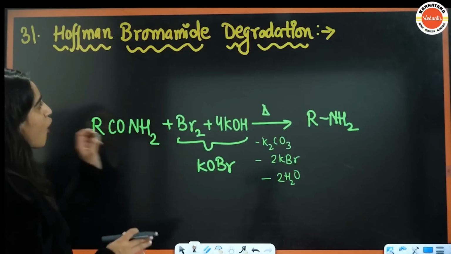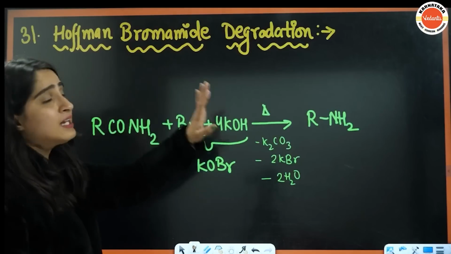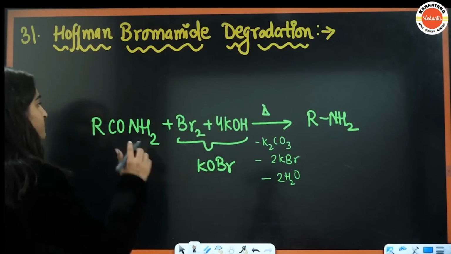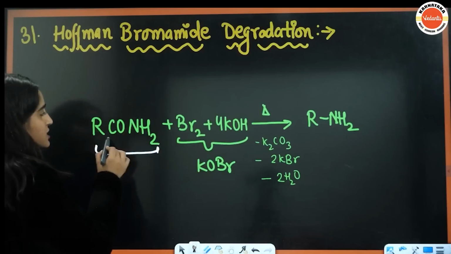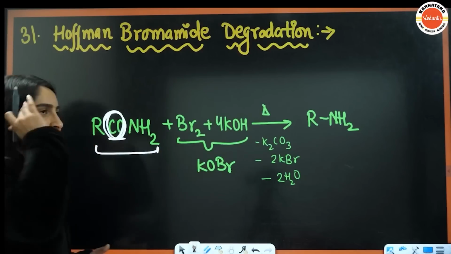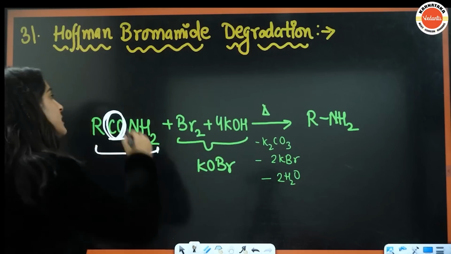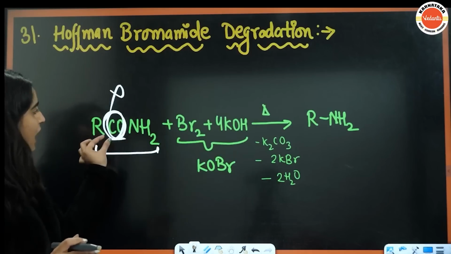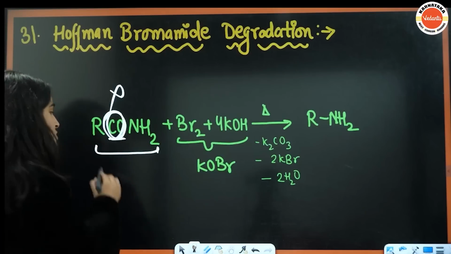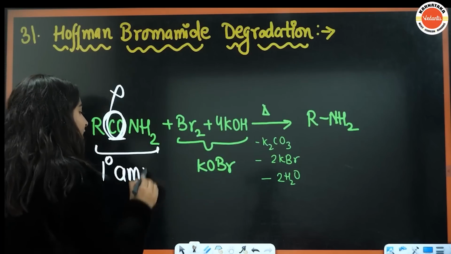Okay. So next is Hoffmann bromamide degradation again. So here you have RCONH2. The simple way of remembering is that this CO will be gone. That's it. This is RCONH2, an amide. This is for the formation of 1 degree amine.